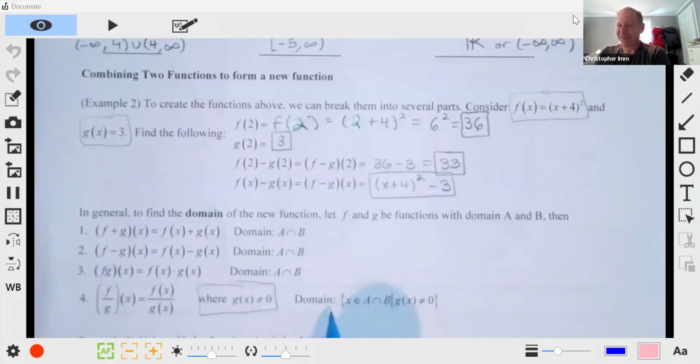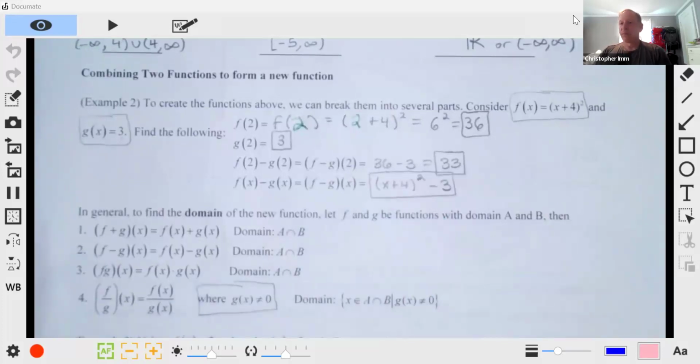I know it's some complicated notation, but it says the domain will be the domain of f intersect the domain of g, such that, that's what this line means, such that g of x is not equal to 0. We're going to be looking at an example of this and some others below in just a minute.